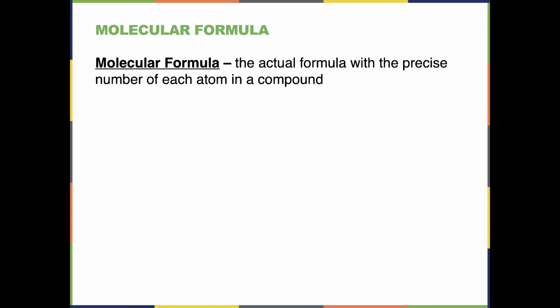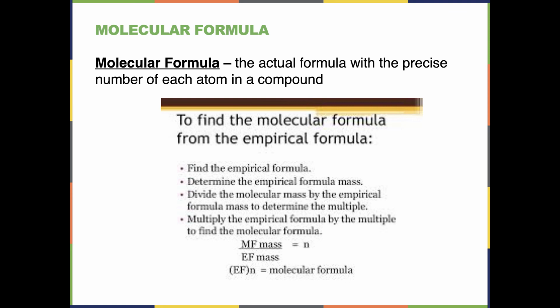The molecular formula is the actual formula with the precise number of each atom in the compound. Sometimes the empiric formula is the simplest formula, but it's not the actual formula. So how do you find the molecular formula? Once you find the empiric formula, you find out what the empiric formula's mass is.